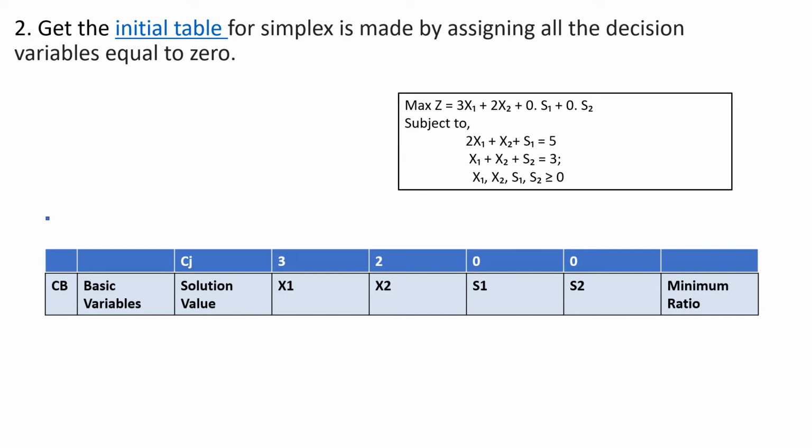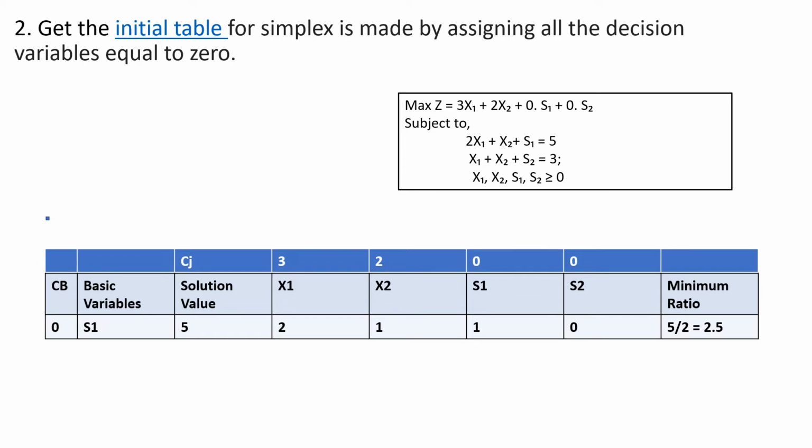Now we have got 2 constraints, so accordingly we will have 2 rows. This is my first row. S1 is appearing in my first constraint, so I have written S1 here. S1's coefficient in the objective function is 0, so I have written 0.